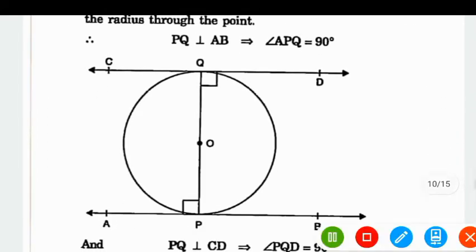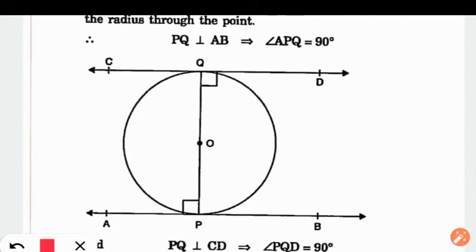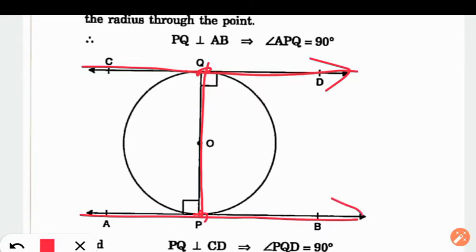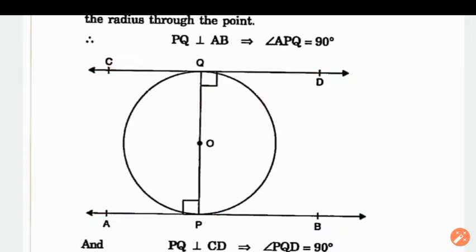Here PQ is the diameter of the circle, and its ends are P and Q. If two tangents are drawn from the ends of the diameter, it will be this one and this one. So we are required to prove that these two tangents are parallel to each other.